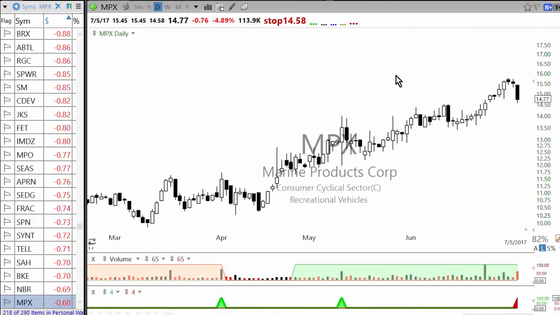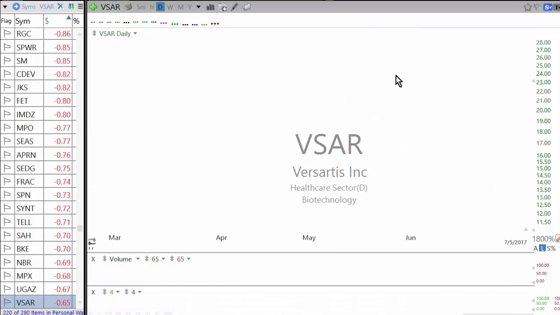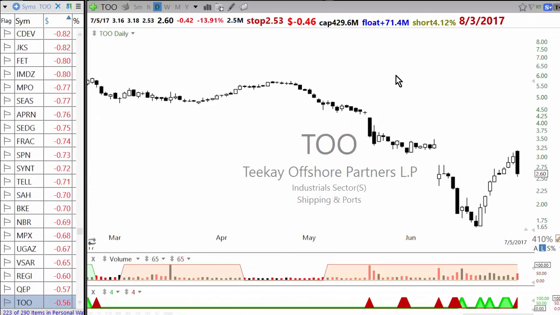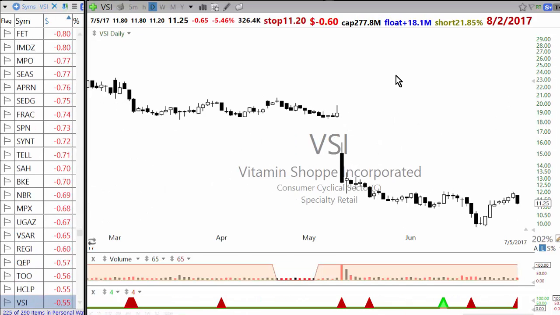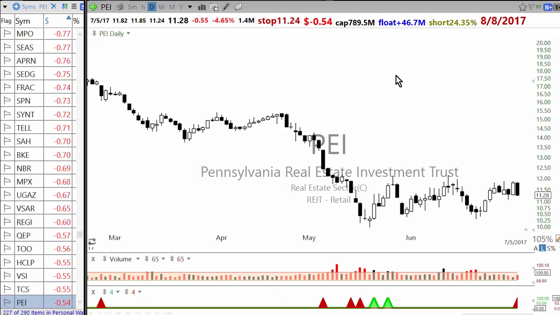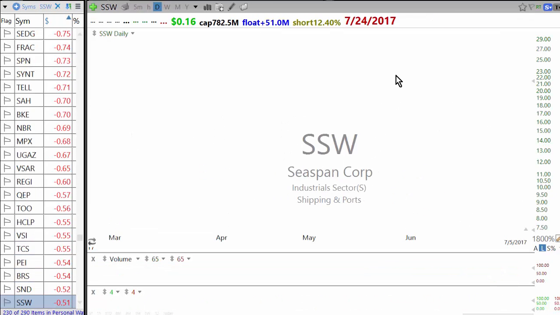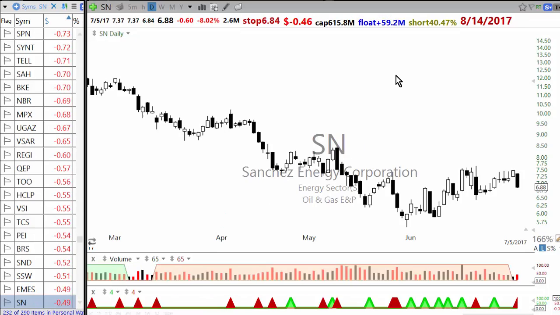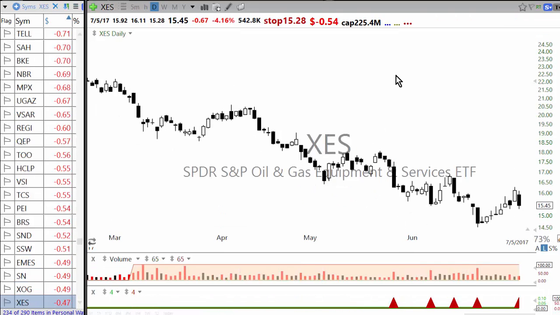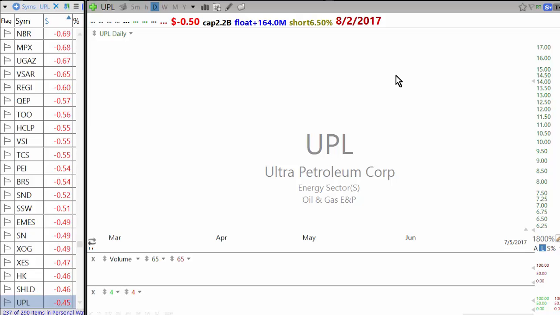All these oil and gas drilling stocks, similar pattern, but they're down so much that they are not really high probability setups according to me on the short side as of now.